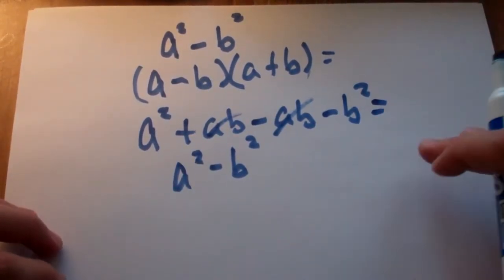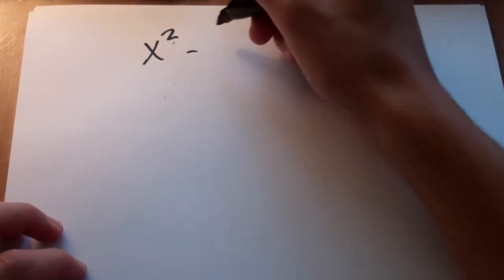Let's look at an actual example from a book. We have x squared minus 49.